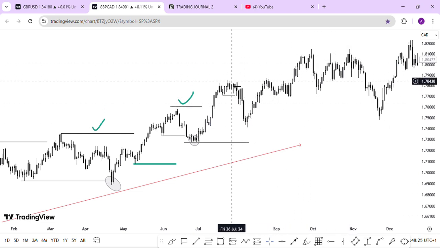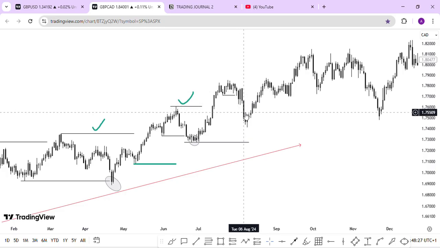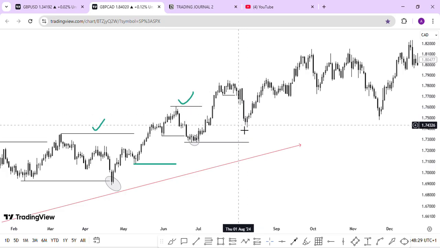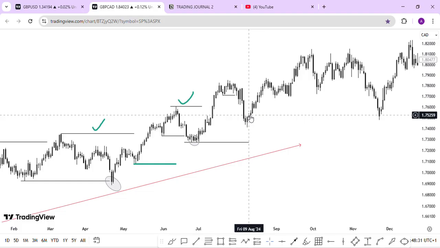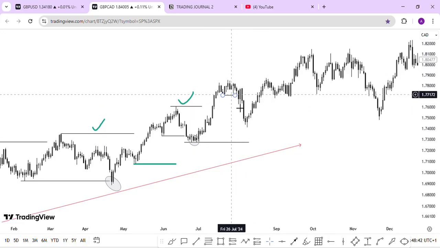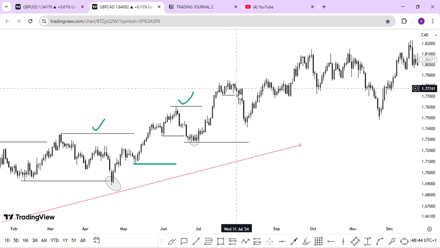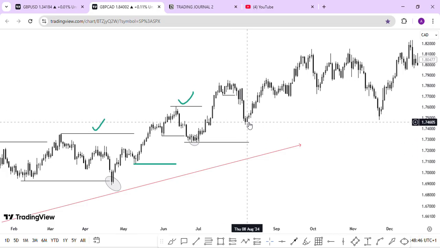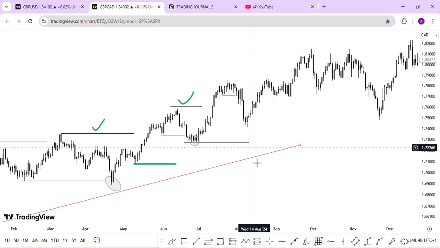Now in 1 hour time frame, this will look like temporary bearish. So all you need to do is to be waiting for when the 1 hour will give you change of character or market structure shift to the direction of the daily, which is the up. Then that's when you will know that this temporary pullback, which is a temporary trend in 1 hour, is done. Then the market is ready to push up.